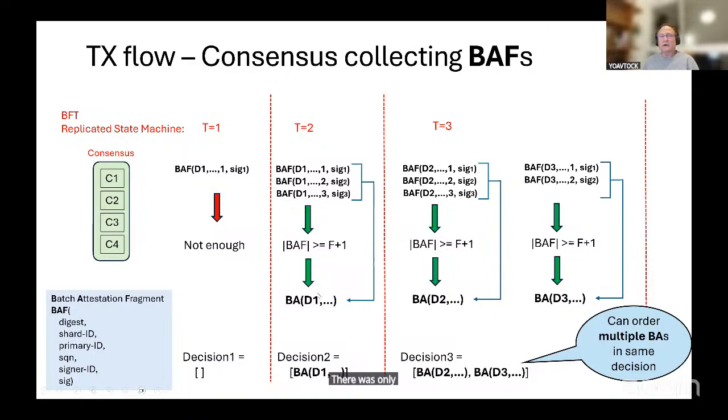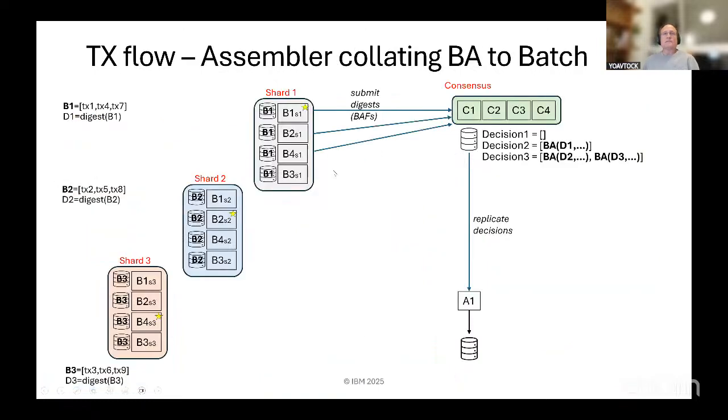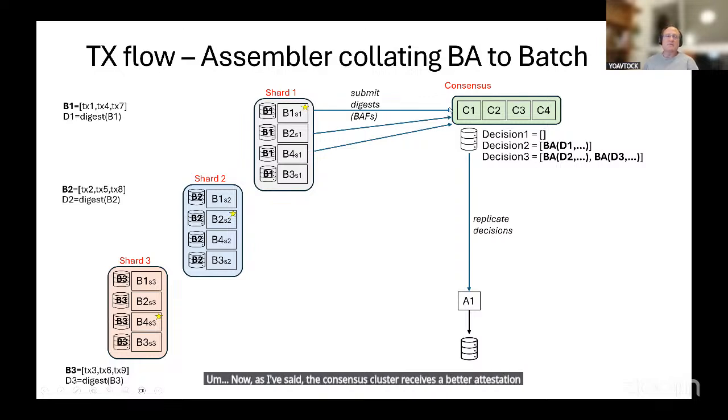In step number 3, there are 2. Now, as I've said, the consensus cluster receives batch attestation fragments from the batchers, which basically tell it, okay, I have a batch stored, and it includes these digests in decisions.